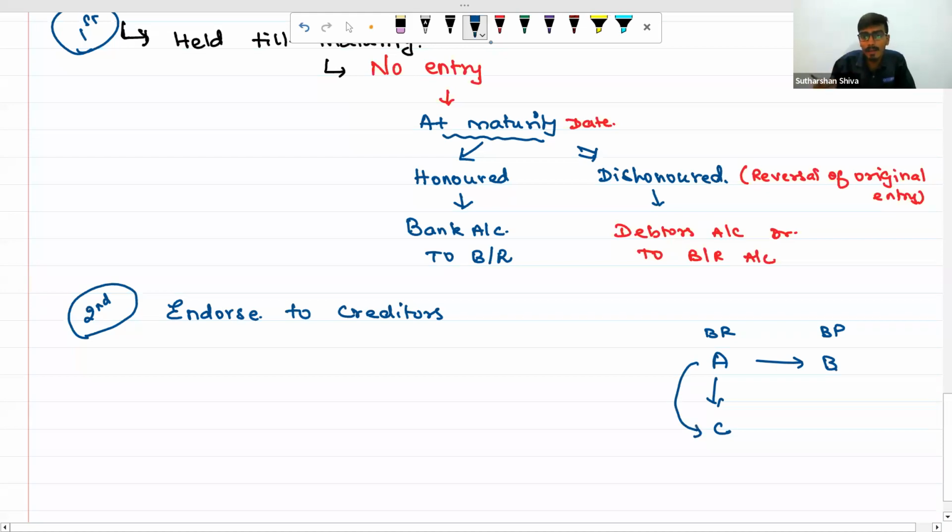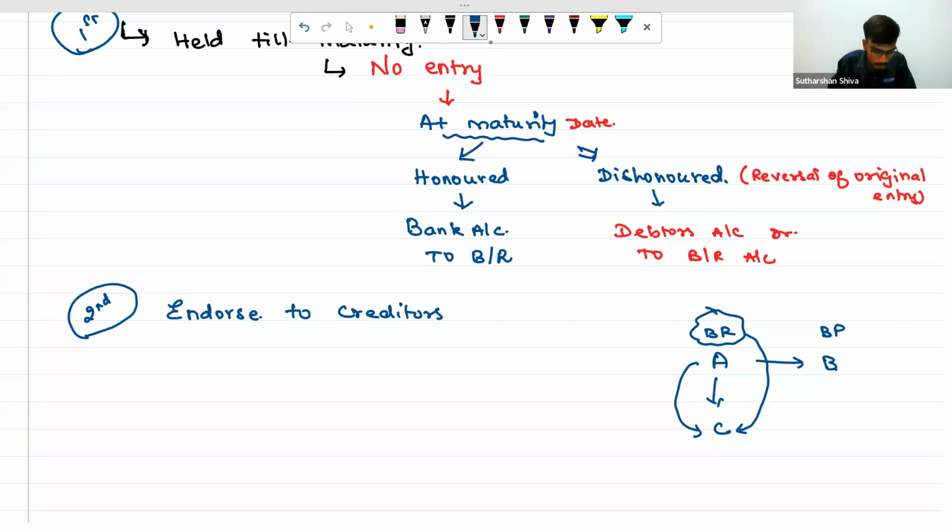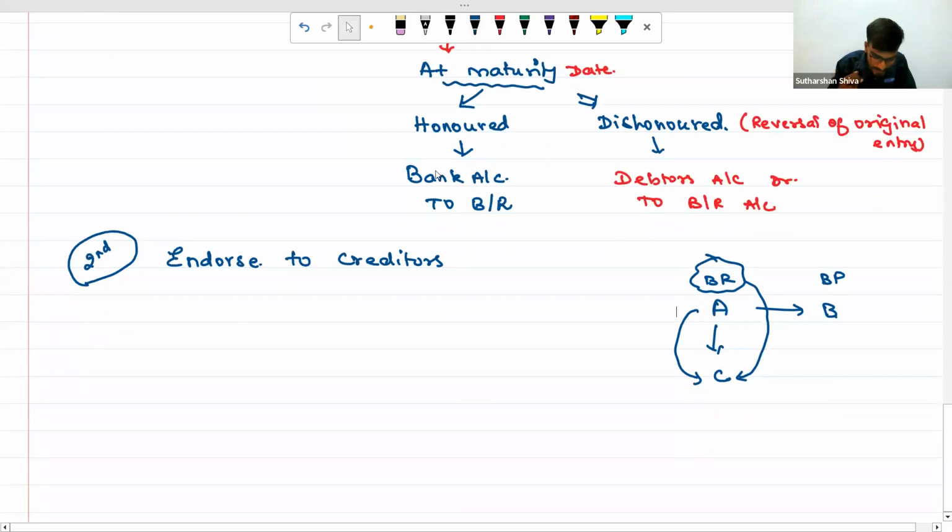Instead of paying the amount, he just endorses, he just transfers the bill to C. He transfers this bills receivable, which he has received from B, to be endorsed to C. So this is endorsed to creditors.